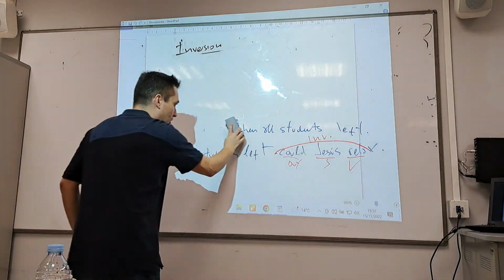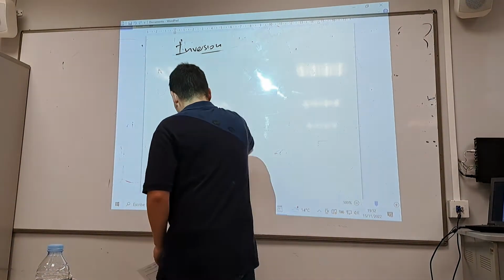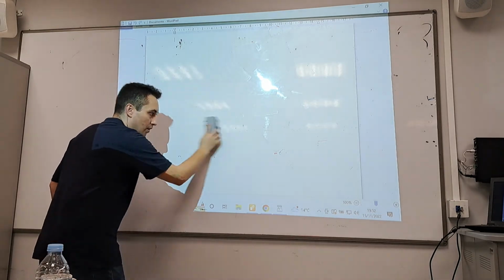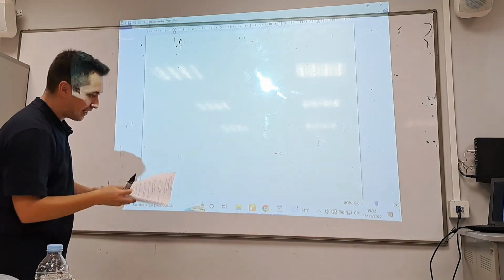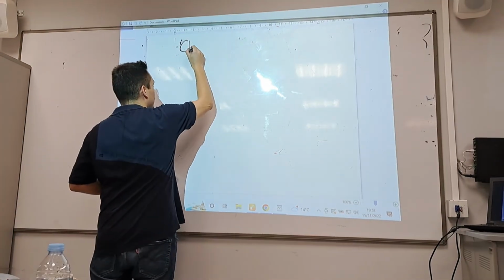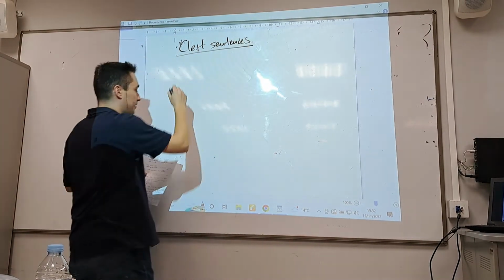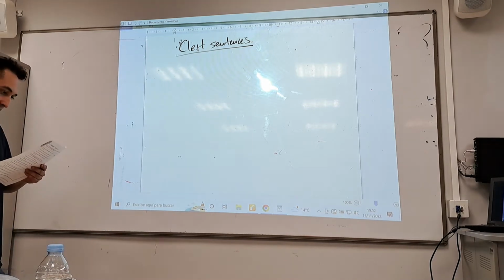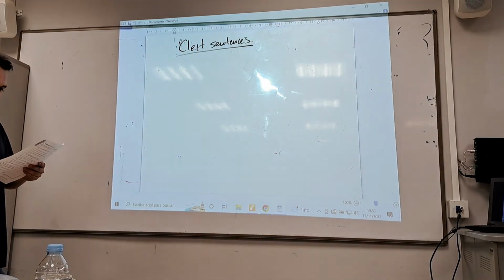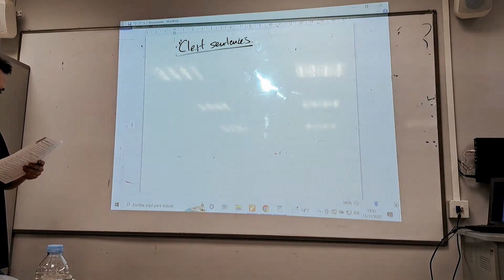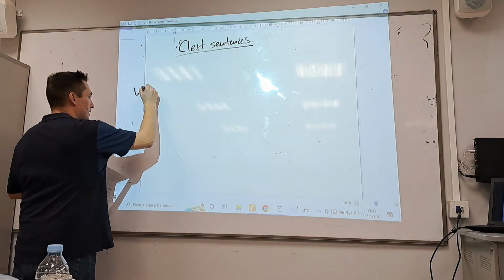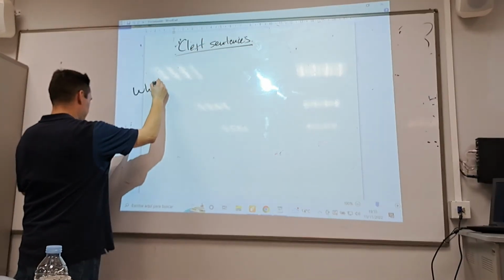Okay, now we stop talking about inversion. I think we had enough of inversion, and we can talk about cleft sentences. Cleft sentences. I'll give you an idea of what clefting is. Cleft sentences start like this.